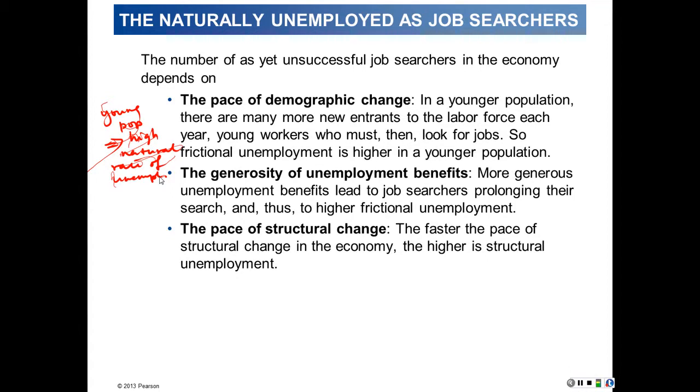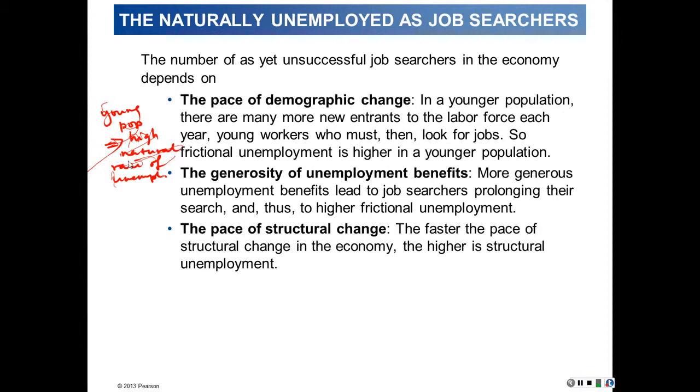If you have an economy in which a lot of industries are rapidly dying away because of changes in technology, changes in international patterns of comparative advantage, well, that's an economy in which there will be large numbers of structurally unemployed workers. Correct? And this too will lead to a large number of naturally unemployed workers, a higher rate of natural unemployment.